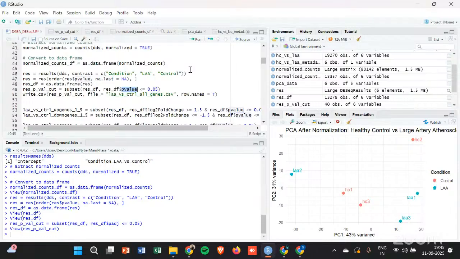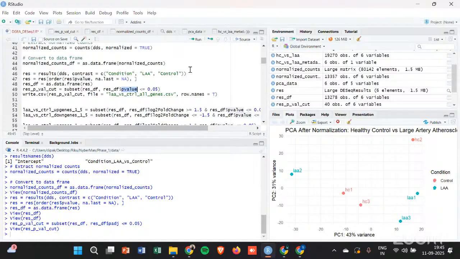For example, if you thought that your conditions were very close to each other, say if in this scenario I had gotten only 40 differentially expressed genes for LAA, which is large artery atherosclerosis, versus SAA, which is small artery atherosclerosis, that would still make some sense to me, because from a biological standpoint they are very close to each other in terms of conditions.